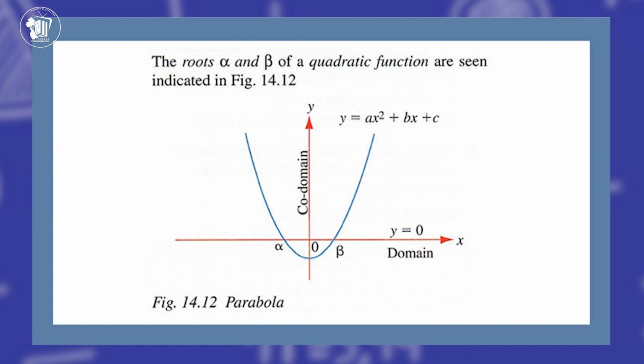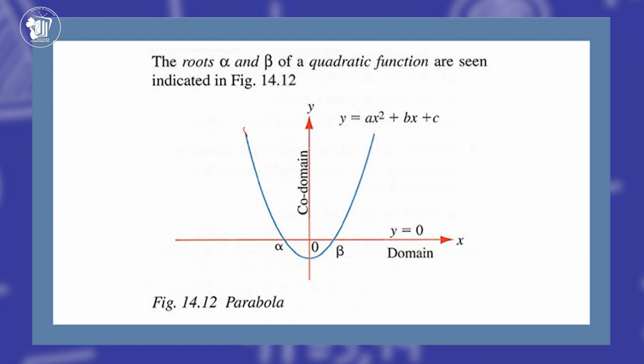So let's look at how we can identify the roots on a graph. Most times we use the symbols alpha and beta for the roots. The roots of a quadratic function are indicated in the figure below. This is the quadratic function.